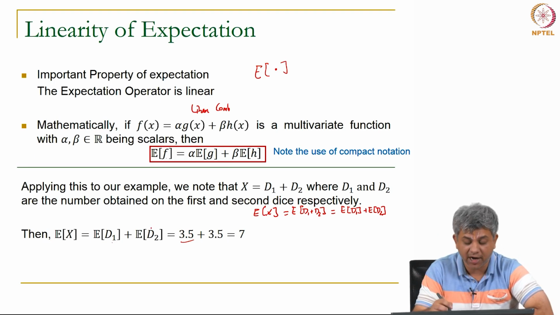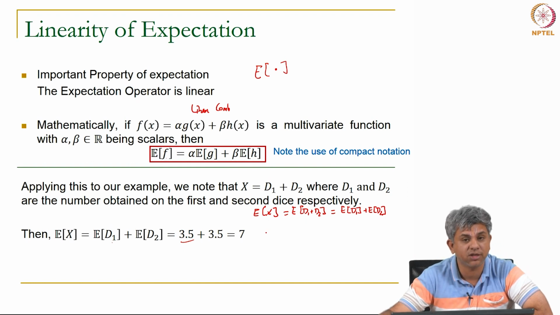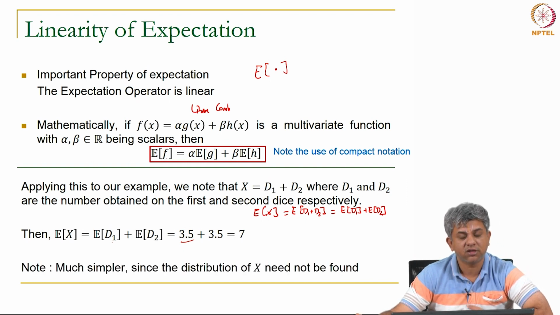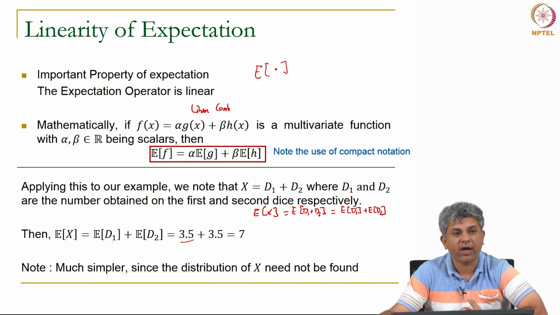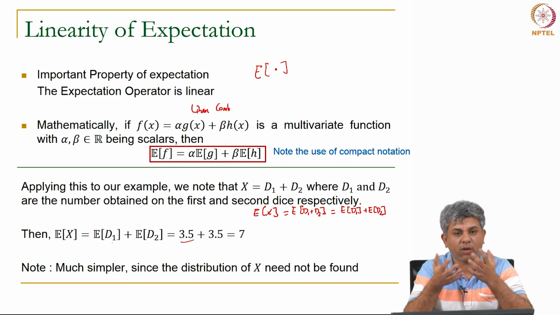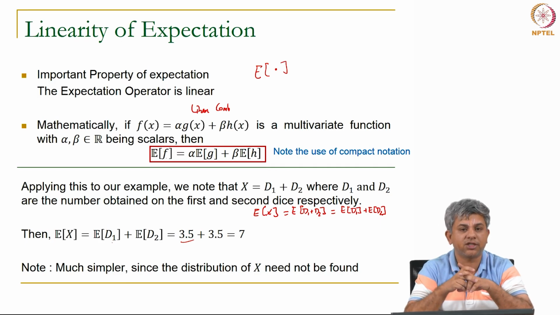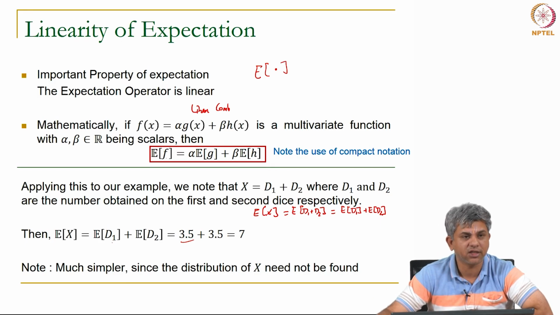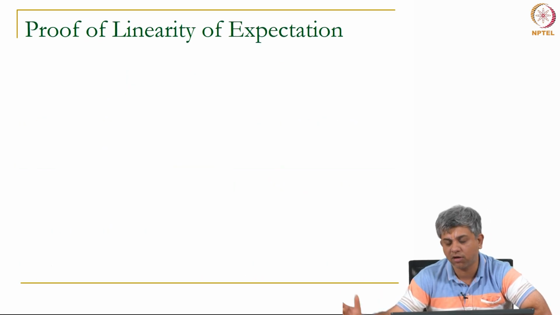So, the expectations add up and you can see that this is a remarkably simple calculation, much simpler than actually finding the overall probability distribution of x. That is the advantage of using linearity of expectations, and this is a very commonly used property.